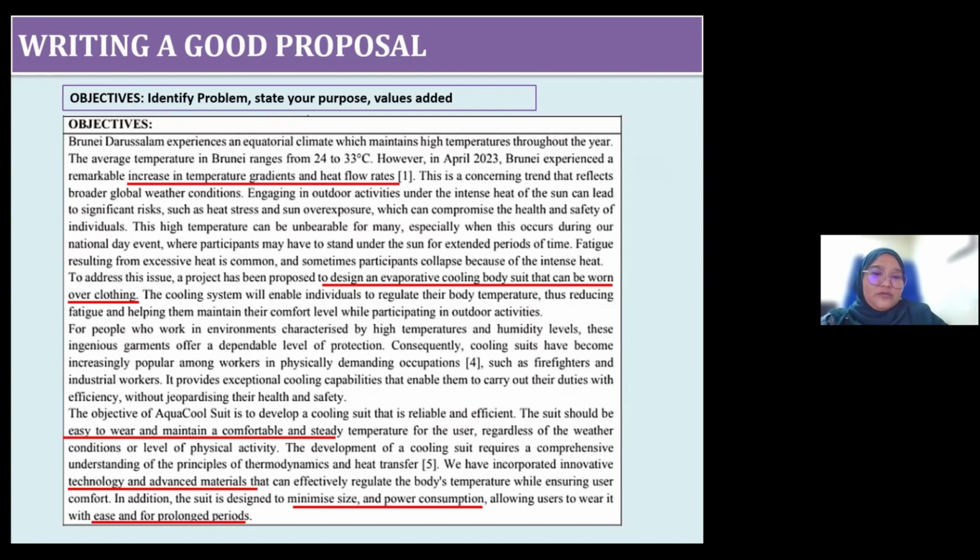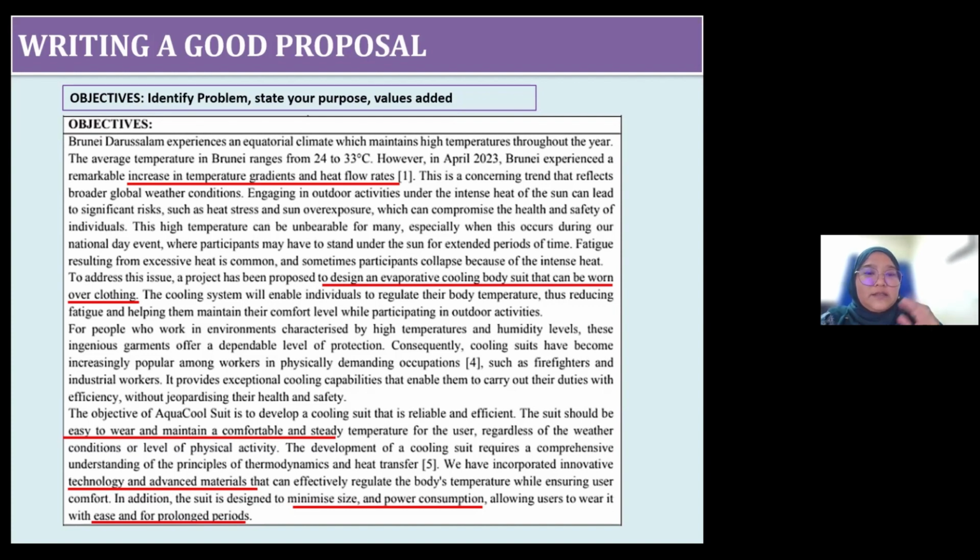Although this one is quite lengthy, look at the part that has been underlined. Basically, this is about a group that is going to design an evaporative cooling bodysuit, which can be worn over the clothing.